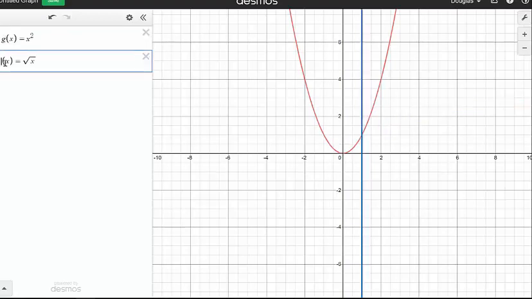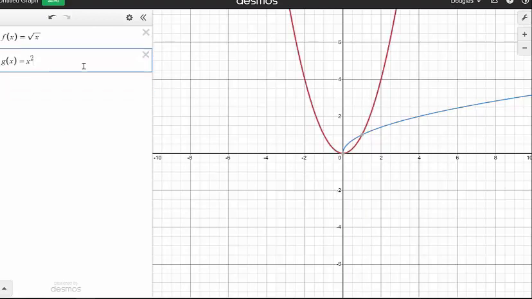There we go. So note that we had to put a domain restriction on g, and so let's go ahead and include that. We put that x is greater than or equal to 0. And there's our domain restriction.